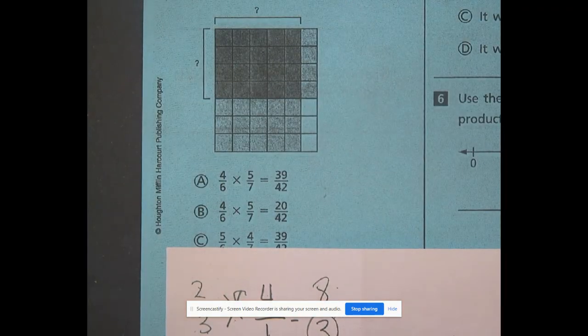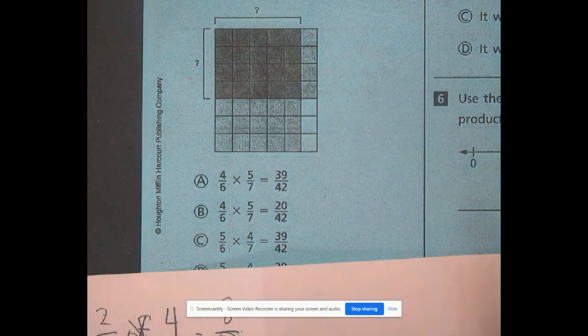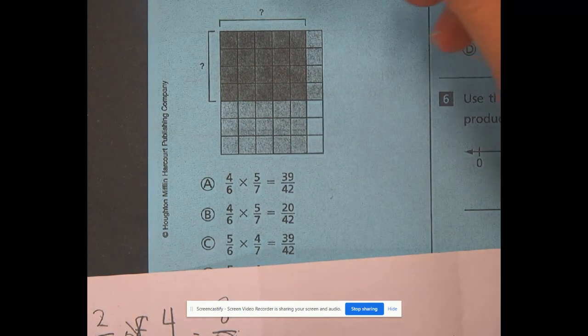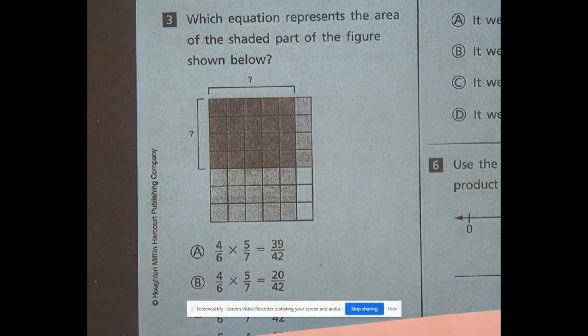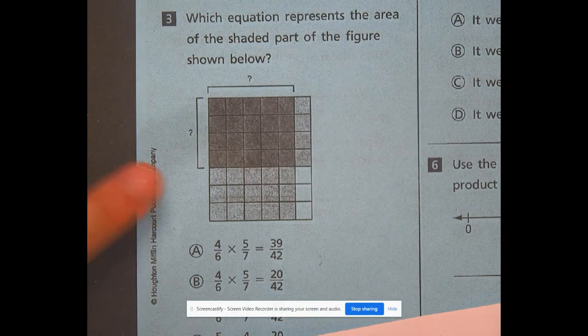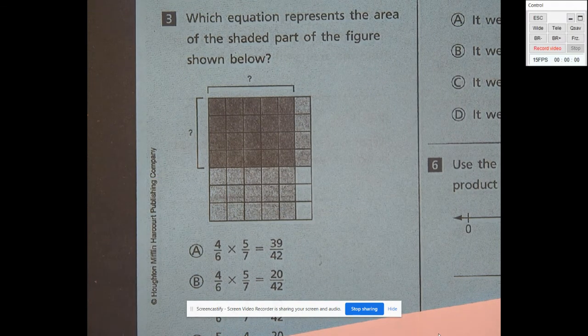Okay, this equation represents the area of the shaded part of the figure shown below. Now, you have seen this now for 69 days. We have been doing this every week since we began school. But for some reason, when we get to this test, you guys forget.